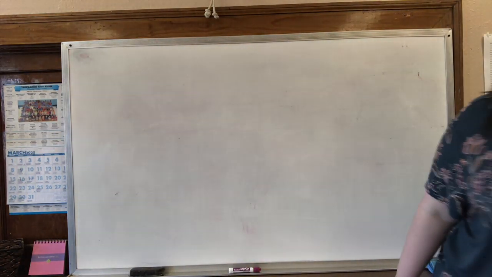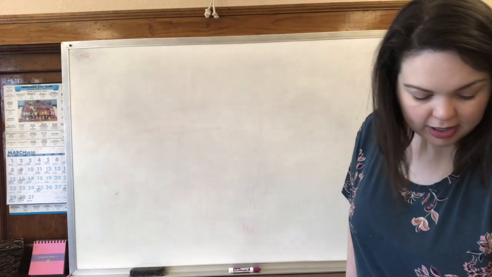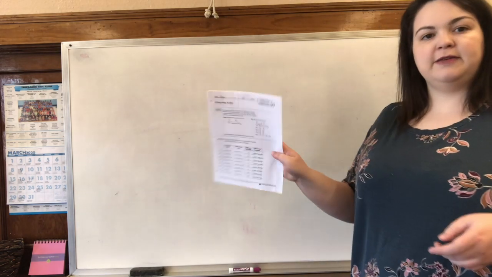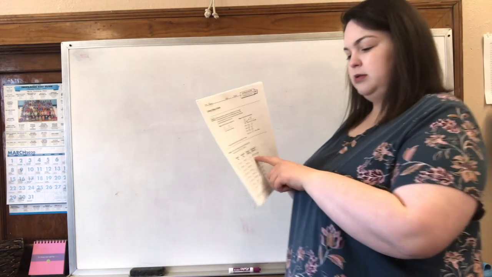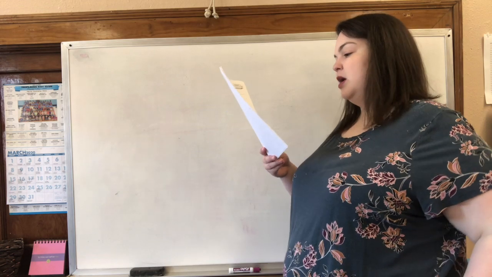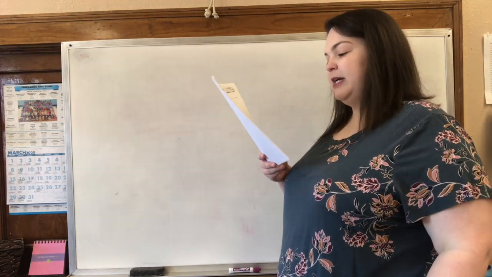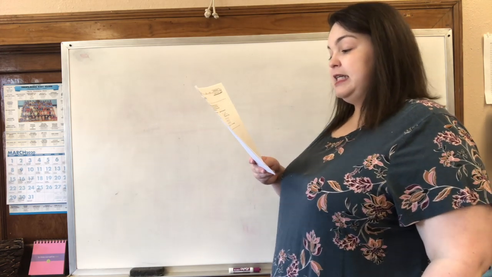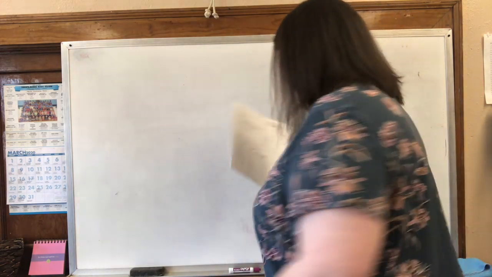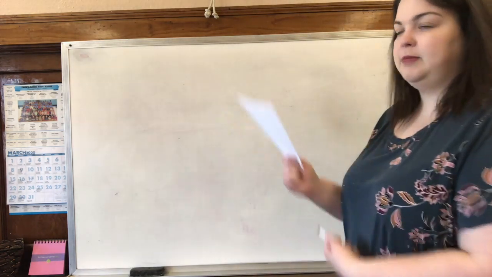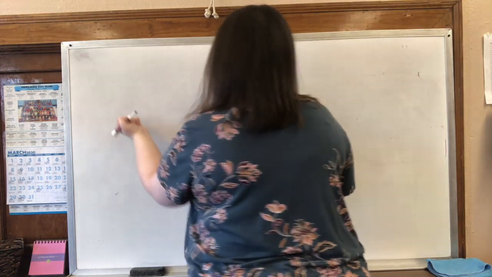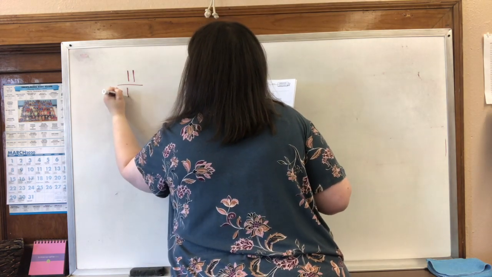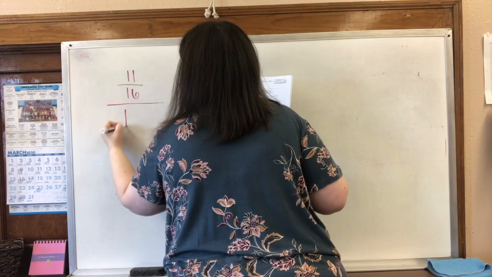Okay, same principle, new problem. I'm going to work number 1 on the workbook activity here. It gives you the scale. The directions say find the estimated distance between the following cities using the map scale of 11/16 inch equals 100 miles. So again, up here at the top, first step, 11/16 over 100.